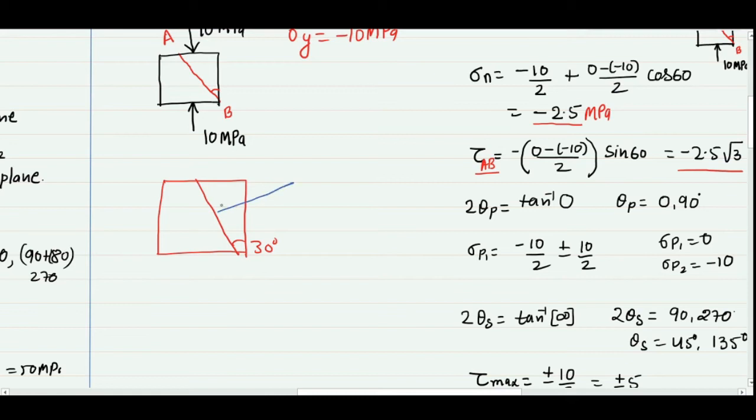That means it will be represented by this arrow, with magnitude 2.5. I'm not going to put a negative sign now, because I have already placed an arrow which represents the compressive nature. Similarly, the shear stress is of magnitude minus 2.5 root 3, so it will be represented by this arrow, with magnitude 2.5 root 3.